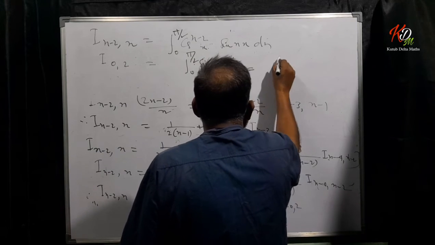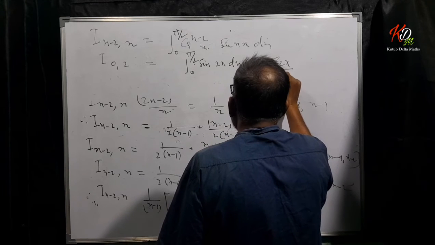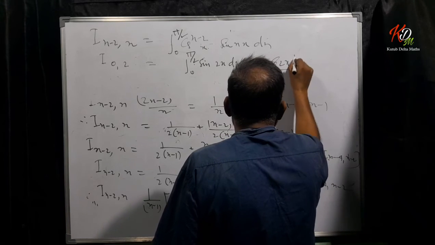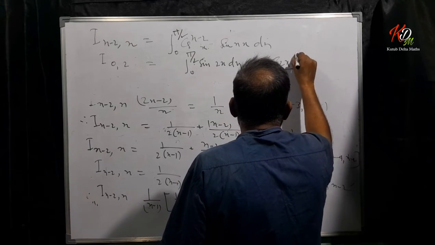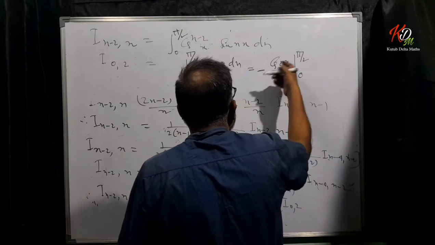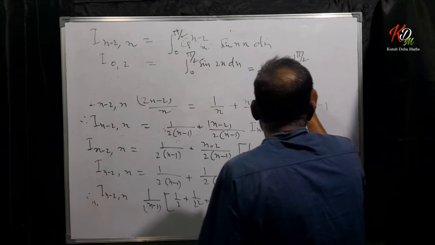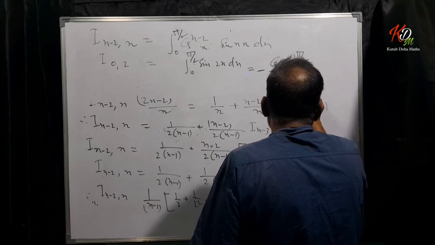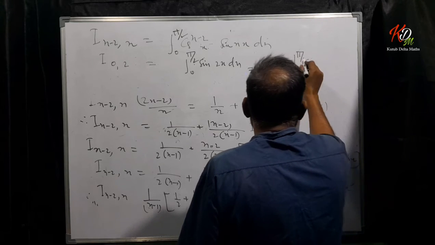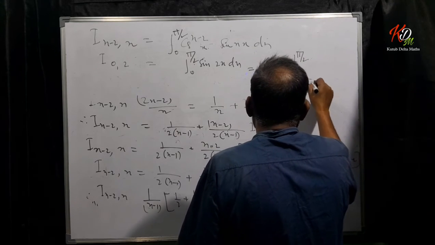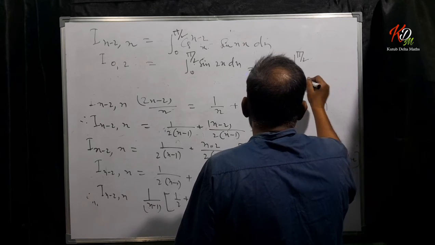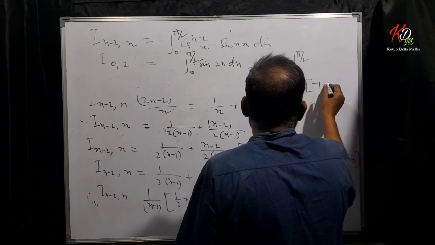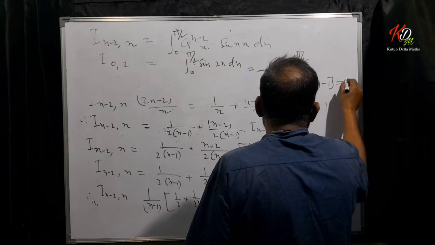Now minus cos 2x by 2 from 0 to pi by 2, that means half times (minus cos pi minus minus cos 0), which is half of 1 plus 1. So 1.